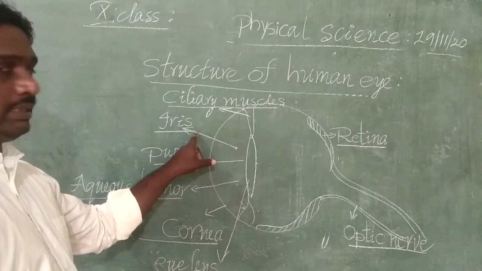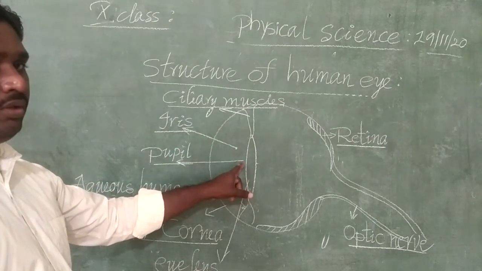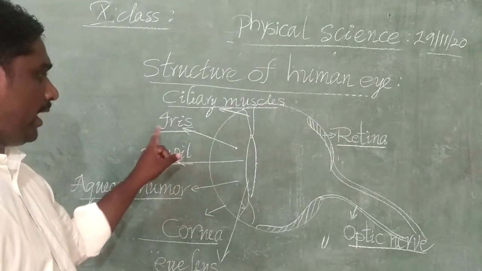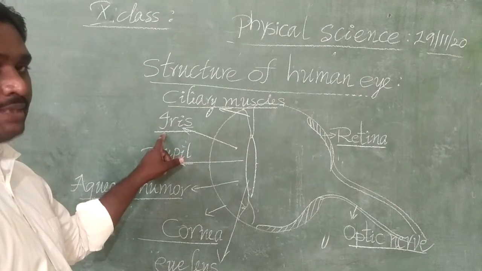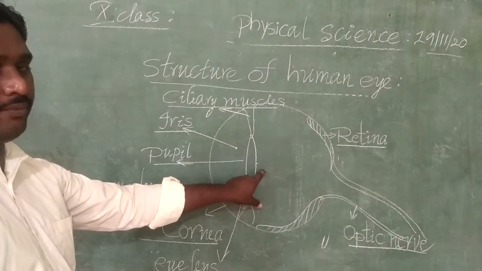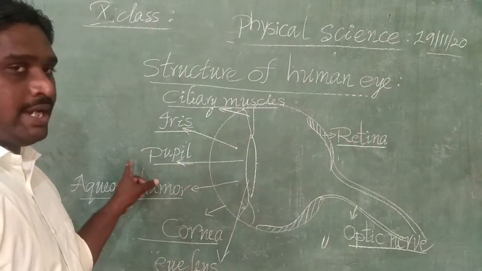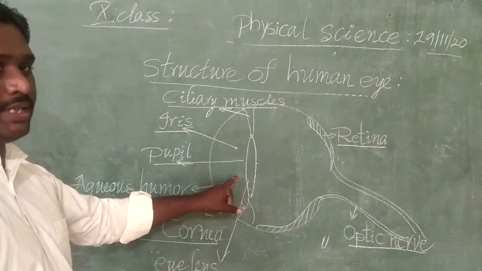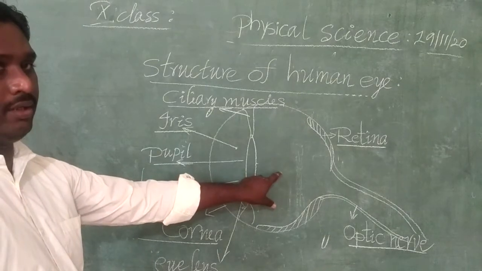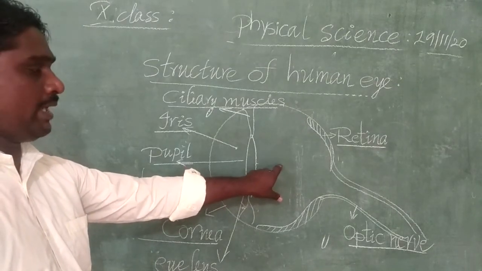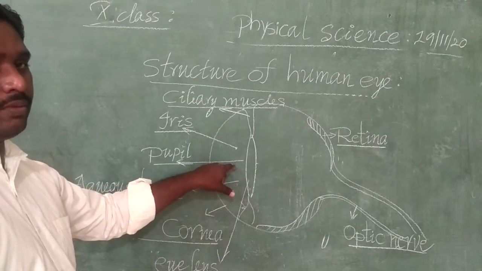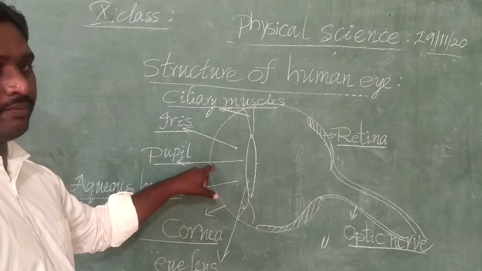The iris has a small hole, which is called the pupil. The iris acts to control the light entering the eye. If light falls on the eye, it passes through the pupil and enters the eye. There is almost no chance that this light comes out from the back side.